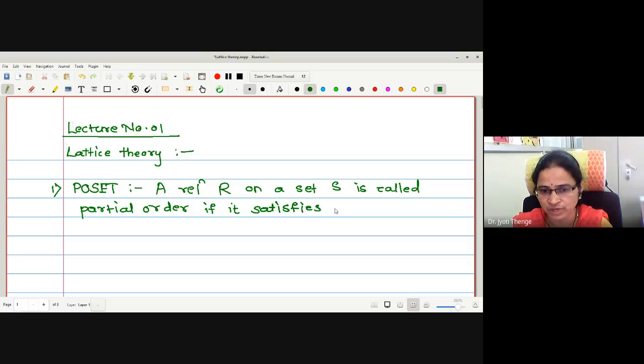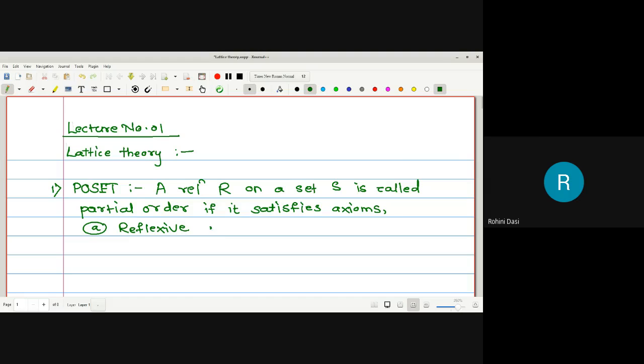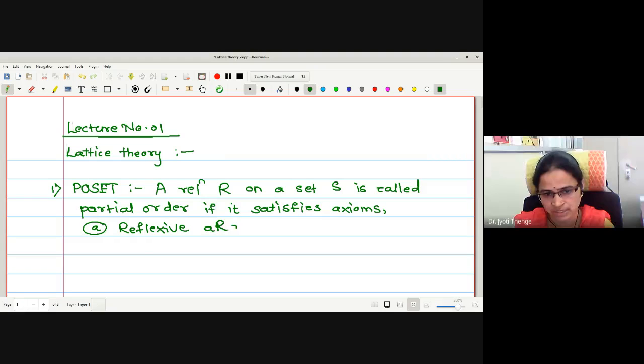Students can also answer: what are the axioms satisfied by the partial order relation? The first one is reflexive. What is the meaning of reflexive? A is related to A for all A belonging to set S. The second property I will write is antisymmetry.